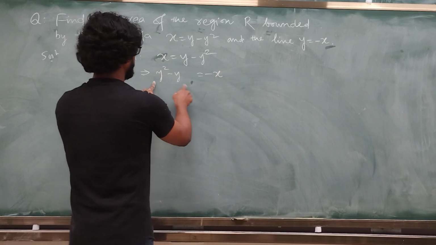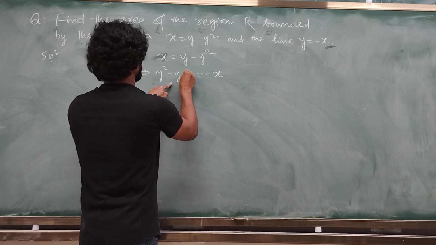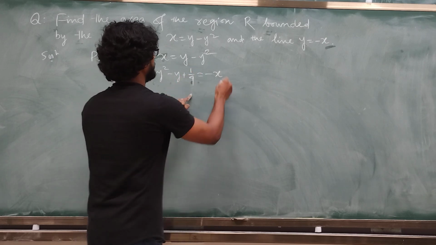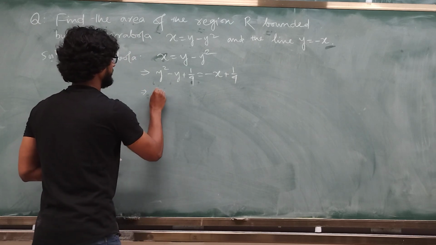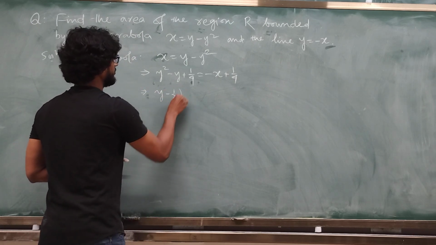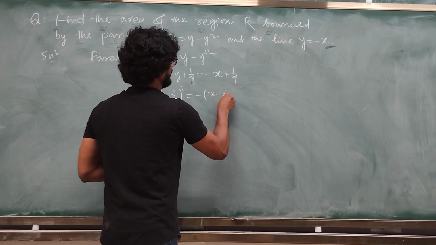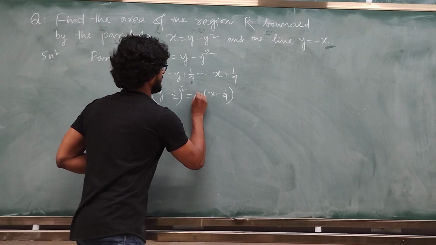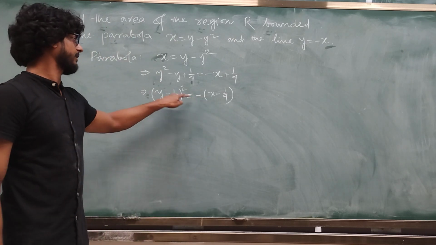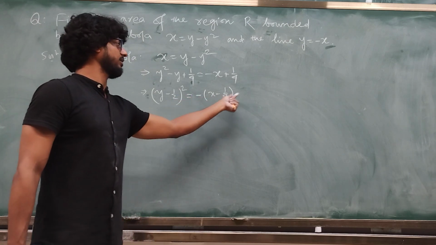To make a perfect square, we add 2 into 1 by 2 y, that means 1 by 4, here also we can add 1 by 4. So we get (y minus half) squared equals minus of (x minus 1 by 4). Now this is a known form. So this is the parabola on the negative x-axis, passing through the point (1 by 4, half).